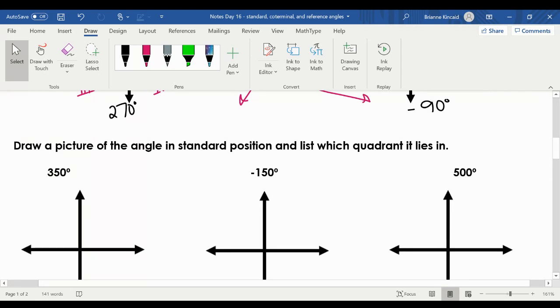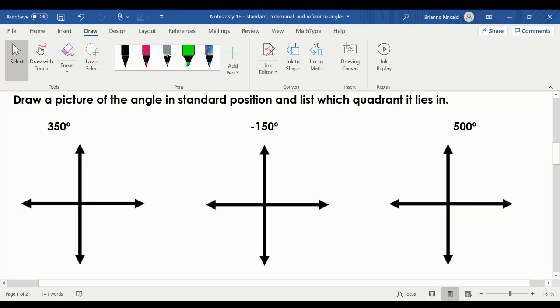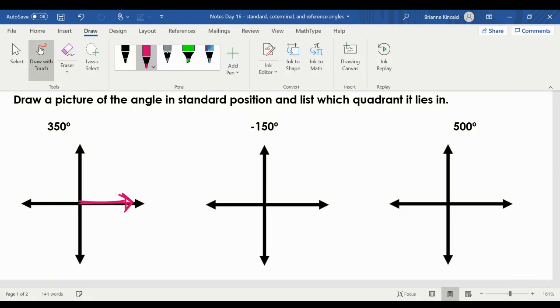So we're going to draw a picture of the angle in standard position and list which quadrant it lies in. Standard position means I always start on the x-axis. So if this is 0, 90, 180, 270, 360, I know that it's going to have to be between 270 and 360.